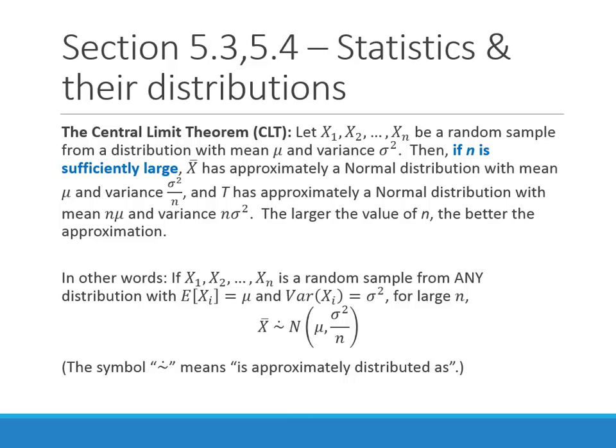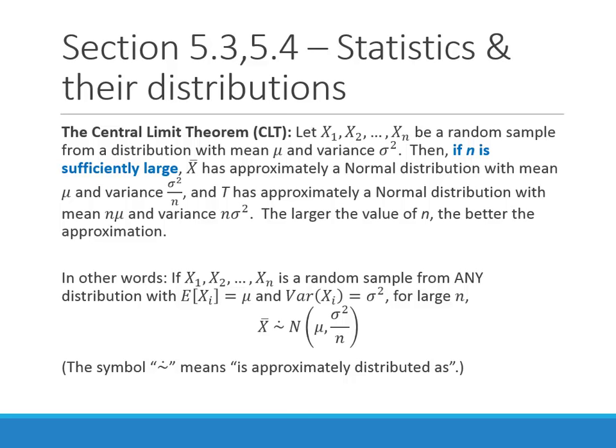In other words, if you have a random sample from any distribution, it doesn't matter what distribution that is, with a mean and variance, and you can always calculate the mean and the variance for any random variable, right? We've done that before. Then the sample mean will have approximately a normal distribution with the mean and variance that you would expect it to have.